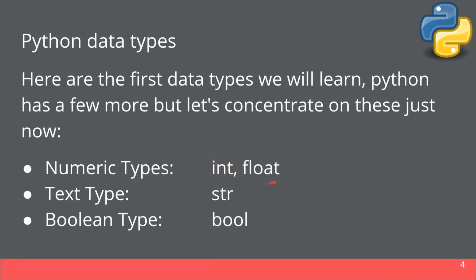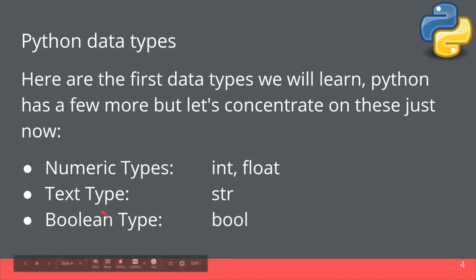And then we have the float type, and the float is just a number with a decimal point in it. Americans call a decimal point in a number a floating point, so a number with a decimal point in Python is called a float, a floating point number. It's just a number that's got a decimal after it.